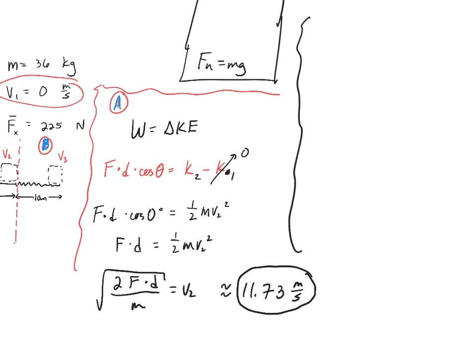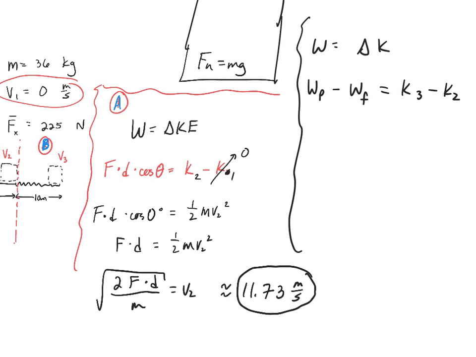And we want to look at part B and say to ourselves, okay, now we've got, again, work equals delta K. We know that the work acting is the work done by the pull minus the work done by friction. And that equals K3 minus K2. I'm calling it 3 and 2 to indicate the third moment and the second moment in my diagram over there. The third moment is at the very end.